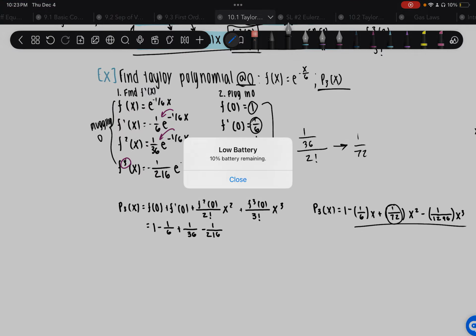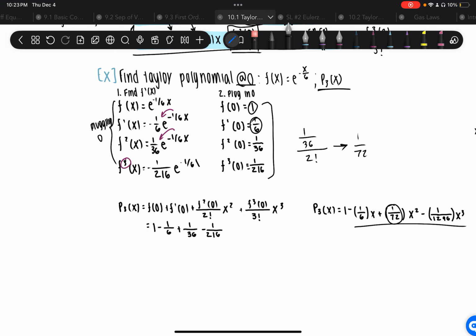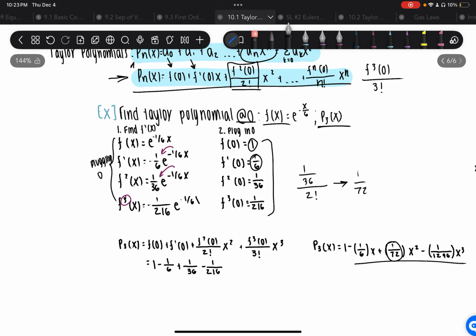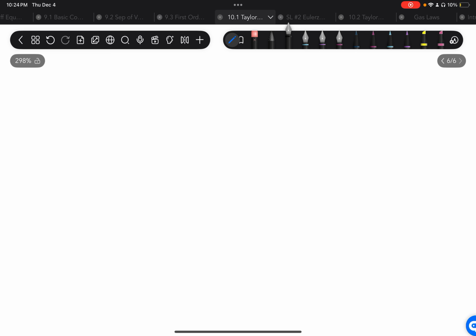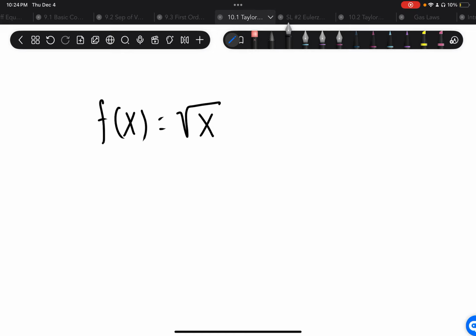Now, another scenario is finding Taylor polynomials when it is not at 0. So I'm just going to use this problem and go over it kind of briefly. But in that case, we would need to find an a value to plug into our f of x. So for instance, if we had f of x equals square root of x, we would want to pick a value to go in here.